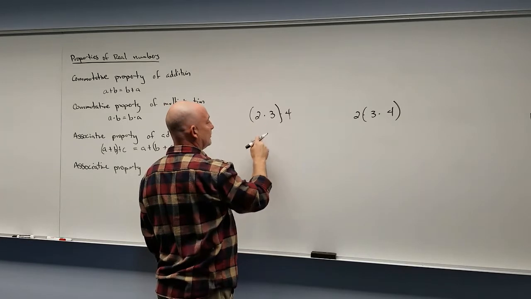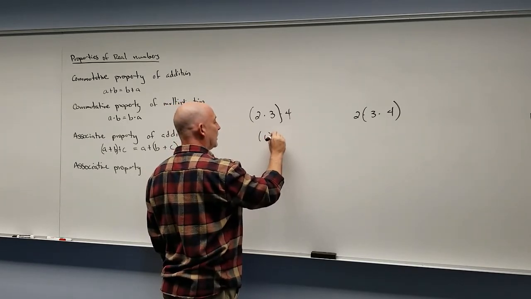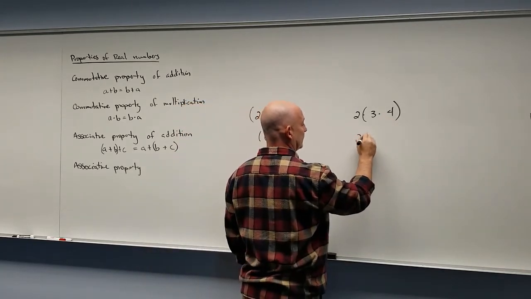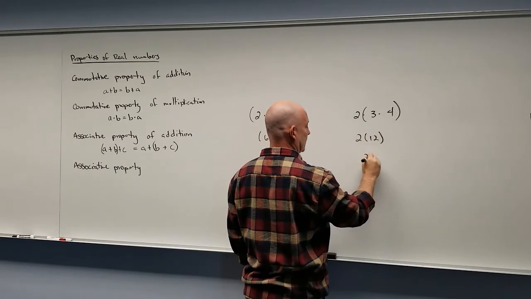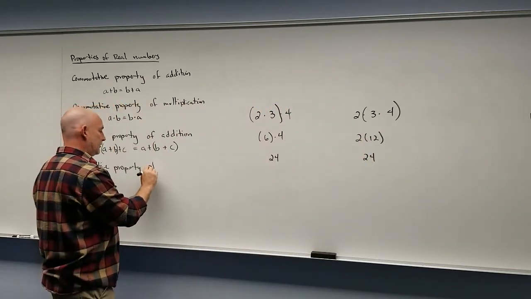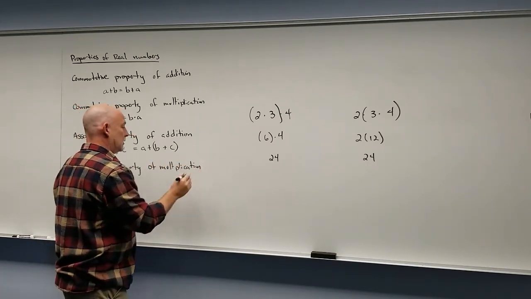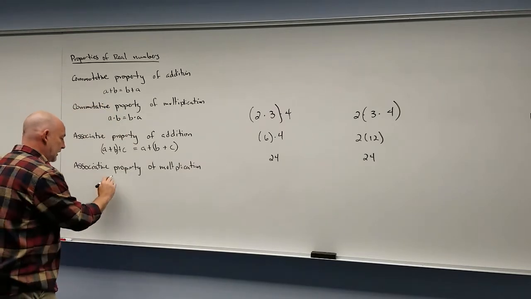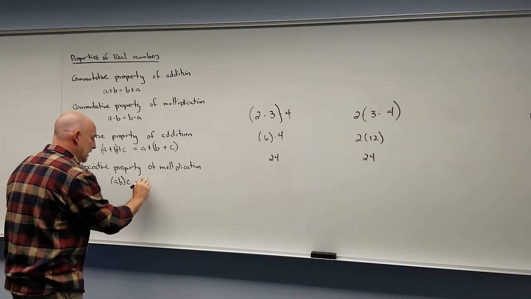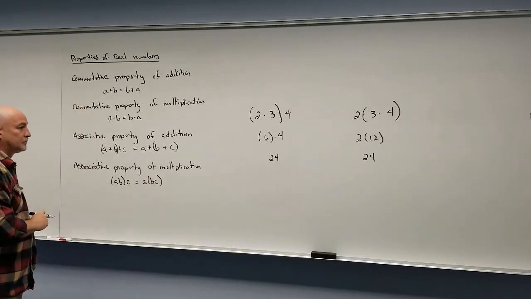Let's see, 2 times 3 is 6, times 4 is 24. Over here, we do 3 times the 4 first, that's 12. 2 12s is 24. So you see, multiplication is also associative. And the way that we write that is basically the same way. (a times b) times c is the same thing as a times (b times c).